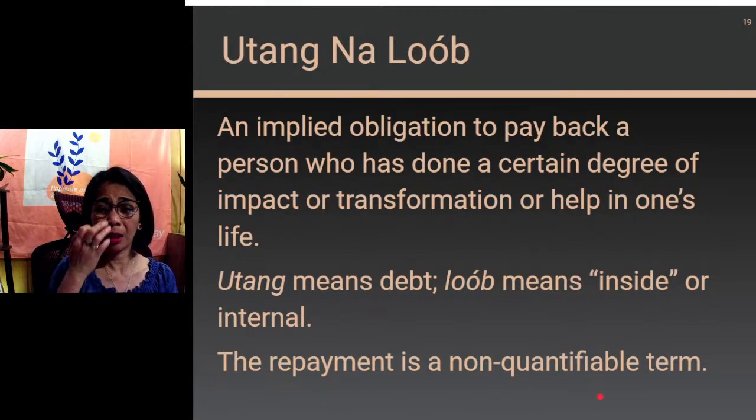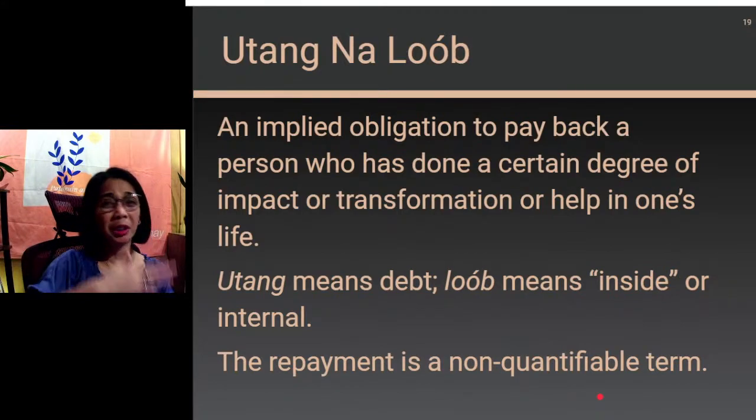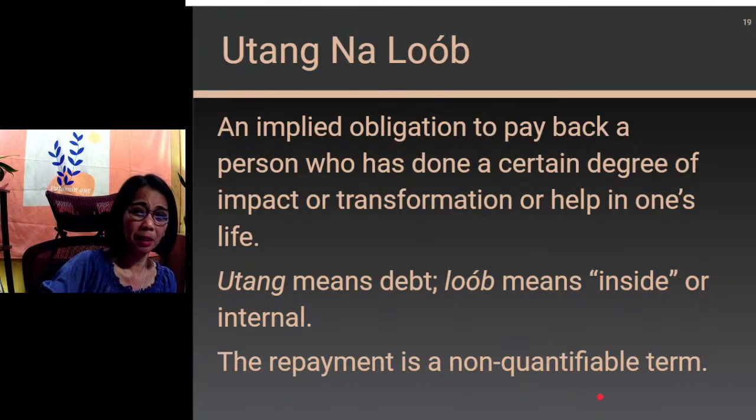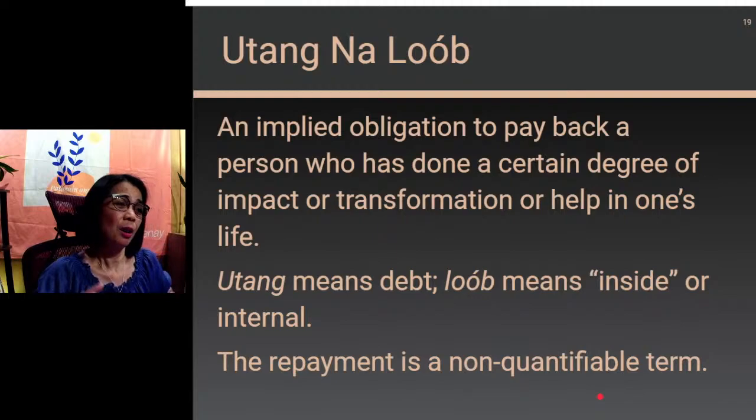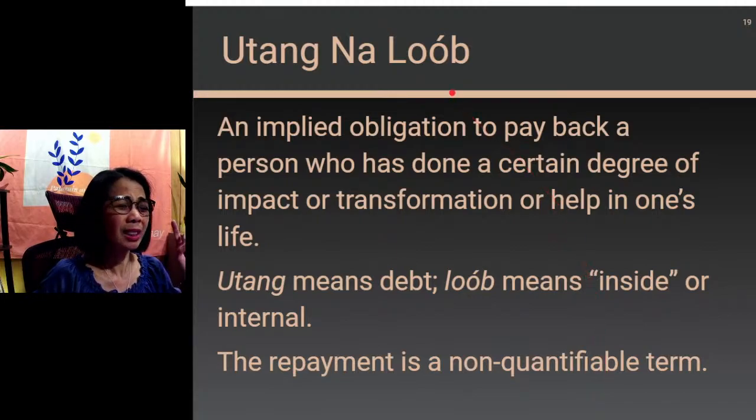Yeah, so I really want to discuss this because we are talking about pakiusap, pakisuyo, stuff like that. So it's not that always you are needing something, but of course, what about the other party doing something for you, right? So utang na loob, this is a two-party kind of thing. It involves two parties in the event of utang na loob.